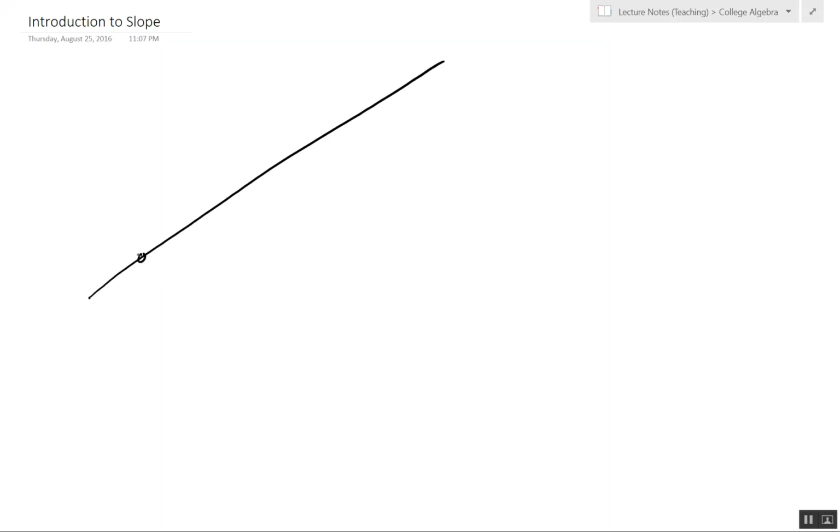We're going to have 2 points on this line, x1, y1, and some other point, x2, y2. We want to know how fast y is changing as x is changing. So we're going to construct a right triangle here.